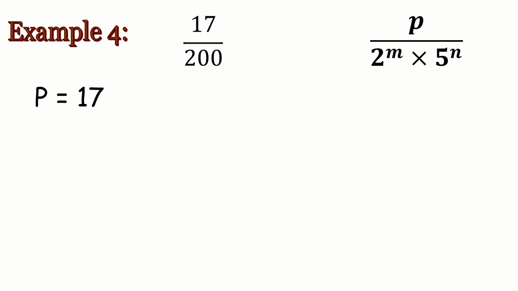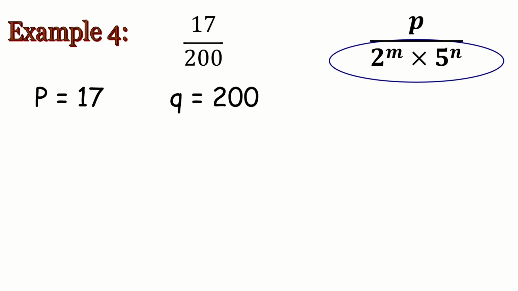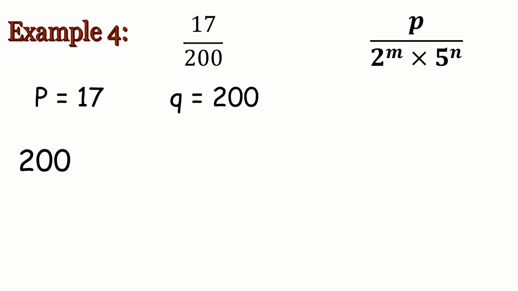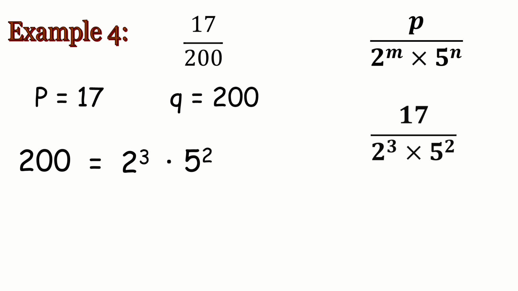Let's try this too. 17 over 200. Yes, this is our formula. So P is 17 and Q is 200. Let's write it in terms of 2 to the m times 5 to the n. So what are the factors of 200? We have 2 cubed times 5 squared. All right, now this is good work. So our answer is now 17 over 2 cubed times 5 squared.